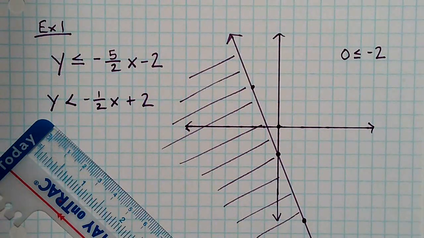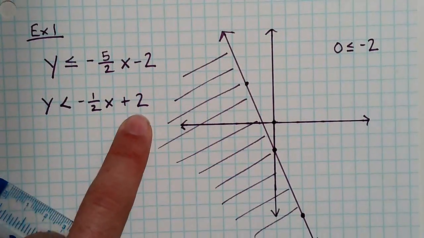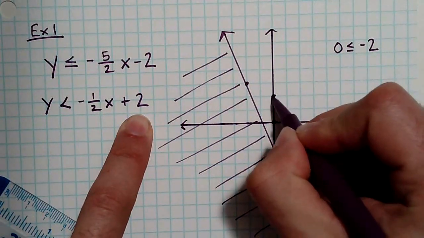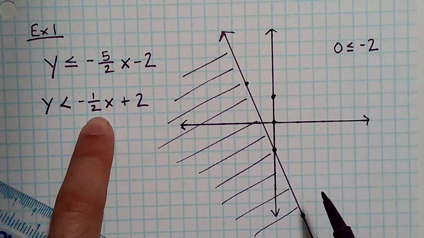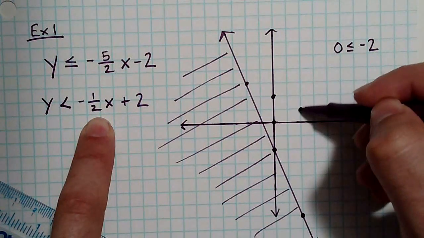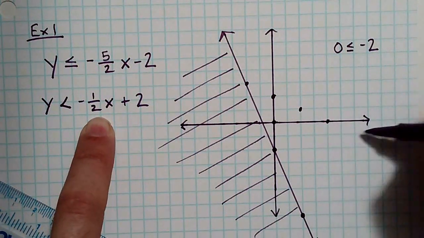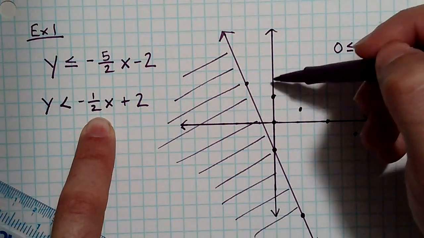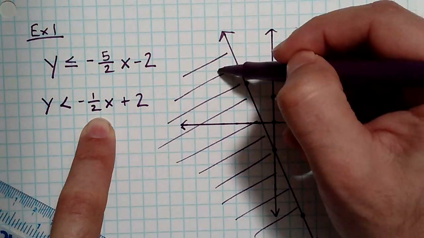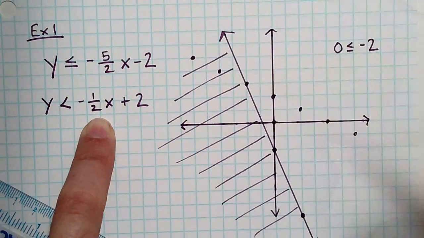Now I need to graph my second one. I have a y-intercept of 2 and a slope of down 1, right 2, repeated, and then reverse: up 1, left 2.